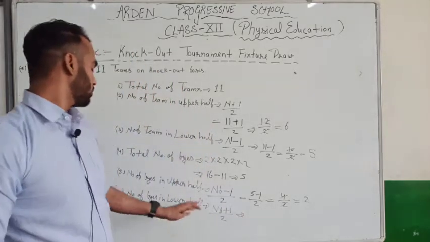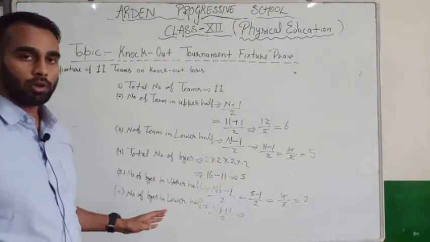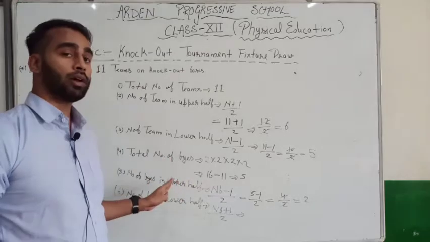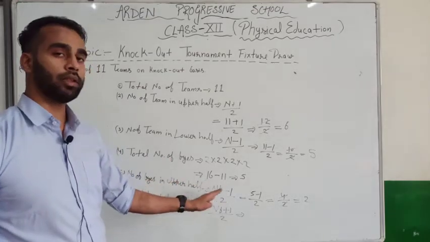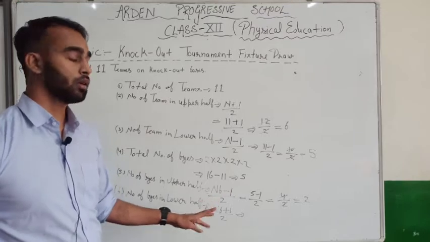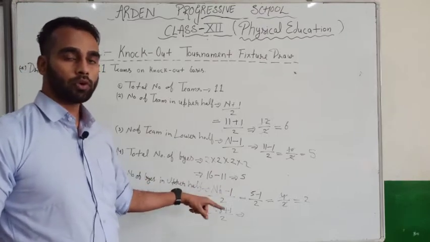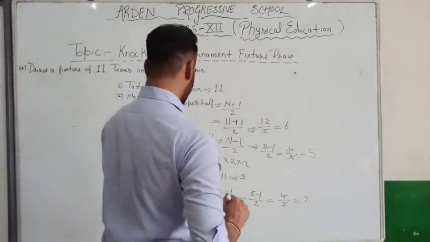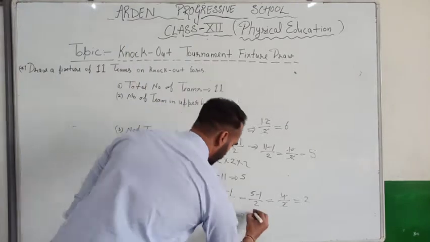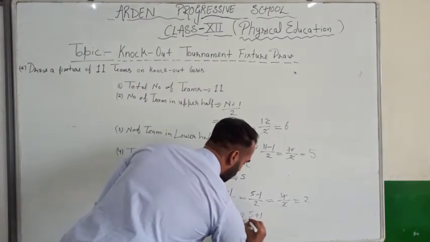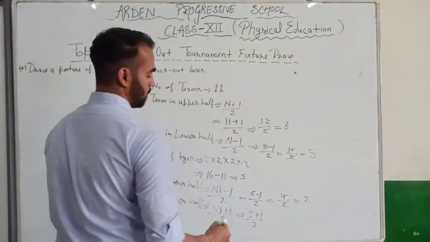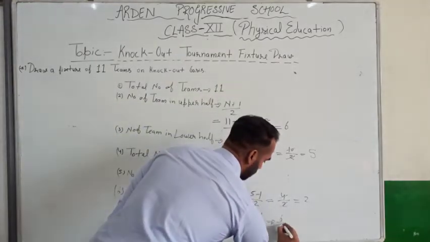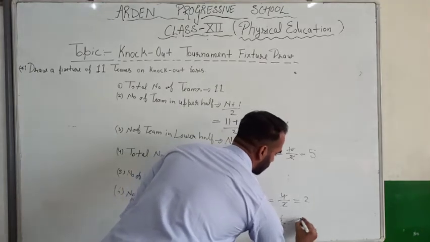Okay class, so in the lower half the formula is NB plus 1, and in the upper half the formula is NB minus 1. Okay, you have to keep in mind which formula has the minus and which has the plus. So how many byes? (5+1)/2 is equal to 6 upon 2, divided, which is 3.